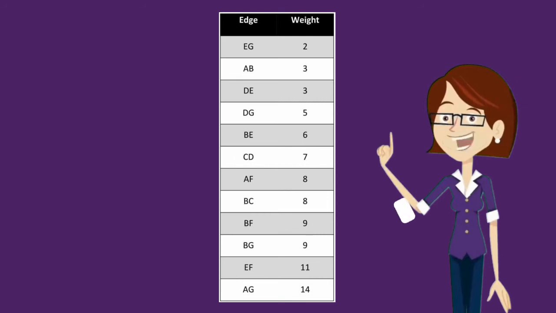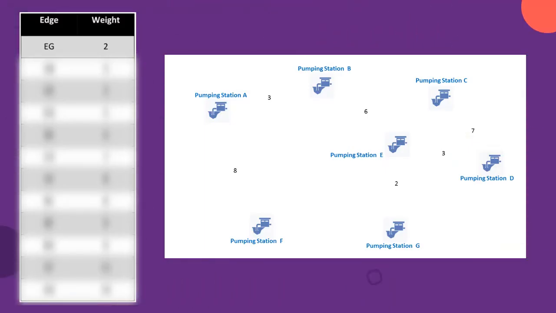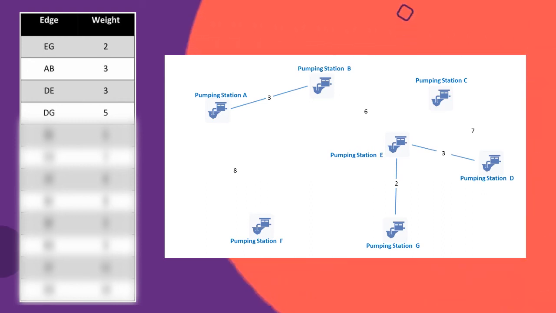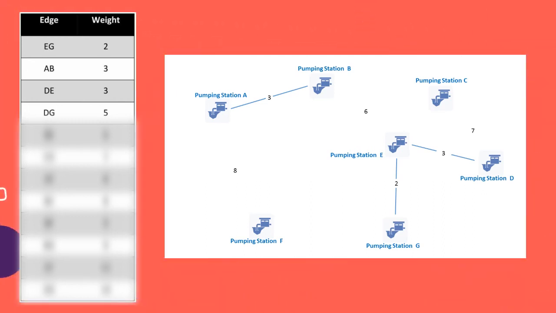Since the edge that connects pumping station E to pumping station G has the smallest weight, we will start with it. The next smallest edges are the edges that connect pumping station A to pumping station B and pumping station D to pumping station E. Next, with the smallest weight, is the edge that connects pumping station D to pumping station G. We can notice that adding this edge will create a cycle in the graph created so far, so we cannot include this.